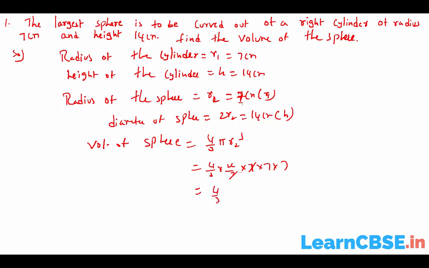So 4 by 3 into 22 into 49, so 88 into 49 divided by 3, that is equal to 1437.33 centimeter cube, nearly 1437 centimeter cube. Going for the next problem.